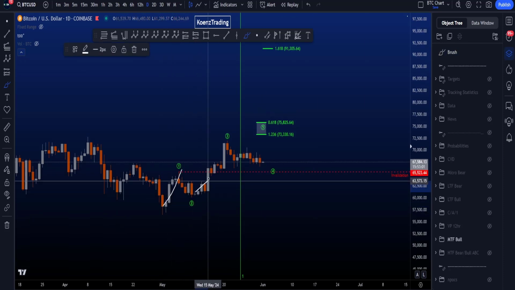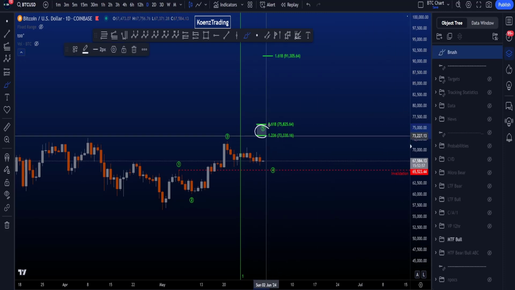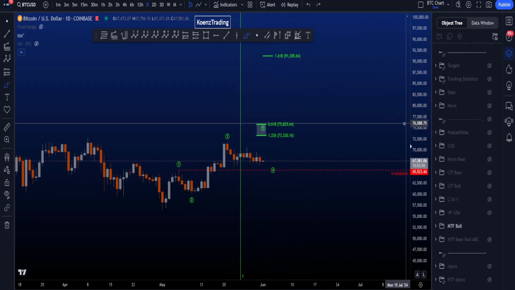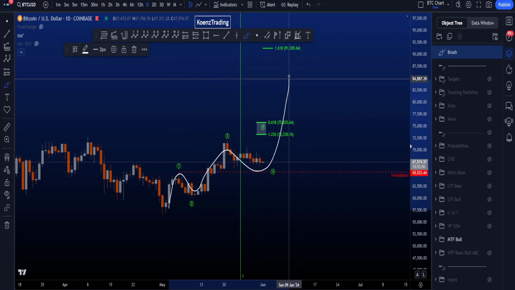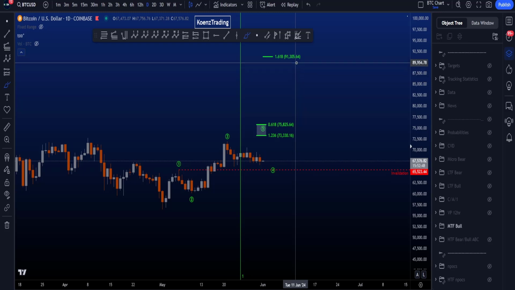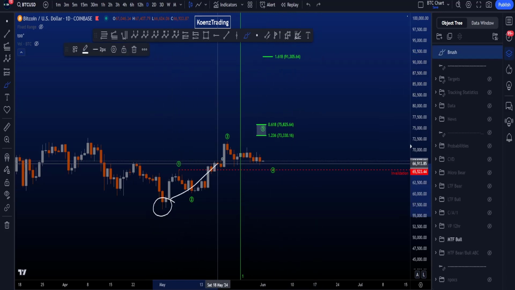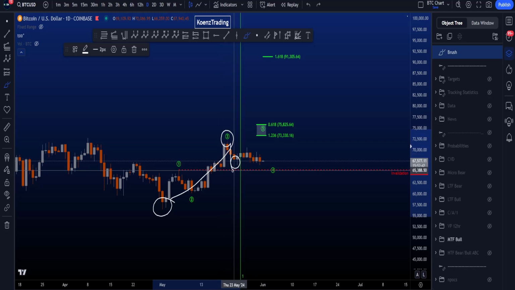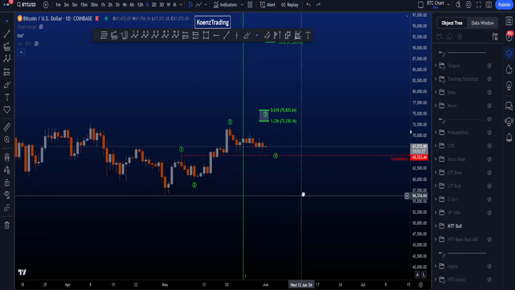Because wave 1 and wave 3 are quite similar in length, there is the potential for a wave 5 to be the extended structure, meaning it is the longest, strongest and most impulsive wave out of this 5-wave impulsive move, where then the target is the 1.618 trend-based fib extension taken from the low of 1 to the high of 3 to the low of 4, giving you a target at 91.3k.